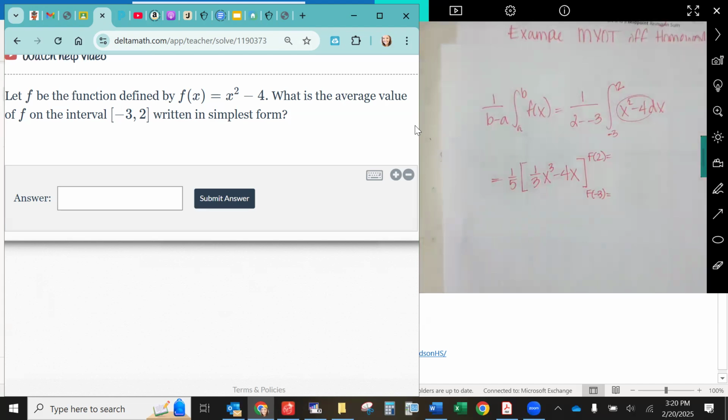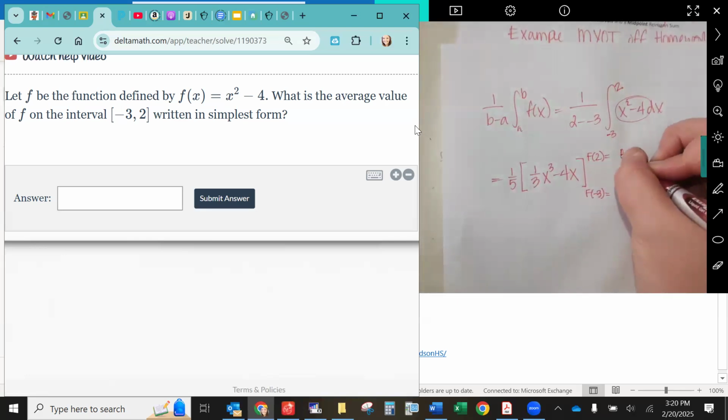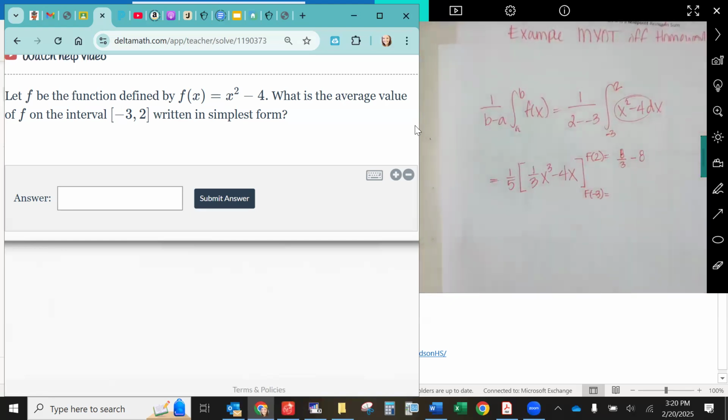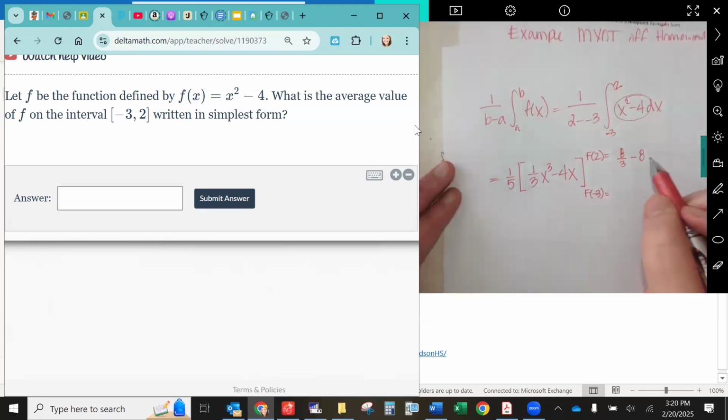Good. Let's do 2 first. 2 cubed. What is it? 8. Times it by 1/3. It would be 8/3. Okay, minus 4 times 2, which is an 8. And I would just leave it just like that. That's what I did.